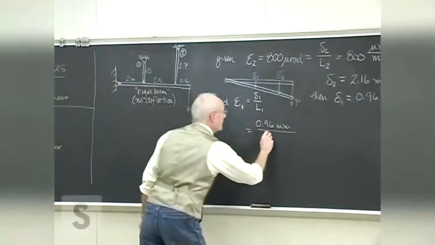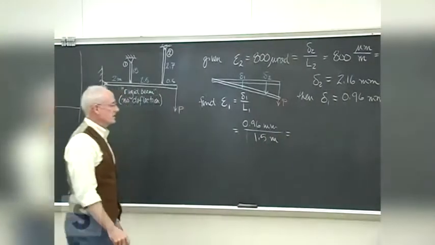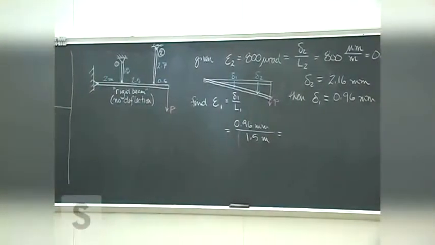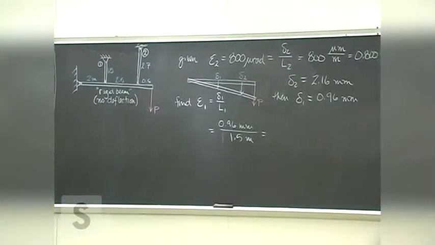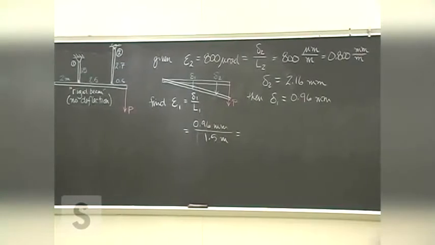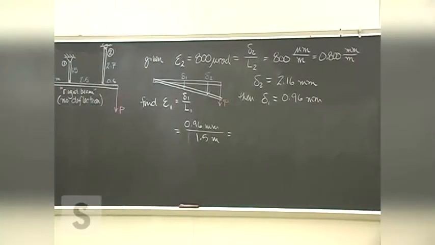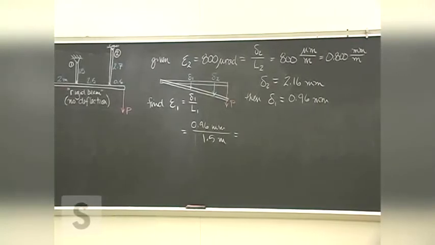And then we include the fact that the original length was 1.5 millimeters. And so, how did you express your answer then? Remember, there were several choices for ways in which we'd express this strain, it being generally a very small number. Well, the first strain was expressed in microradians.